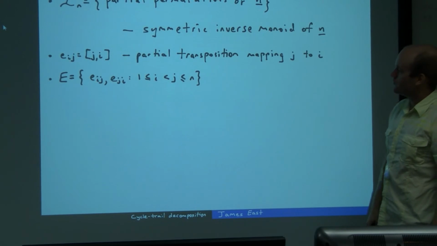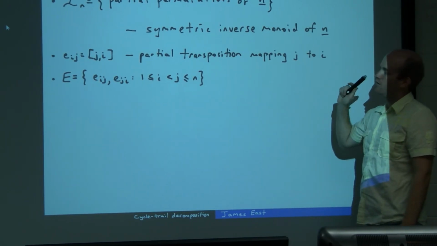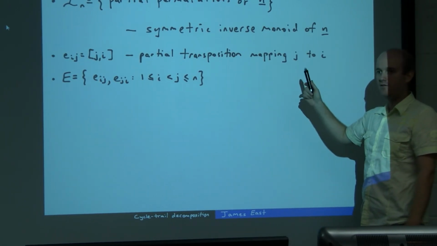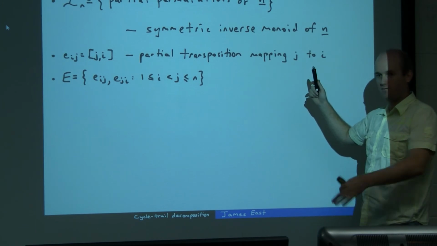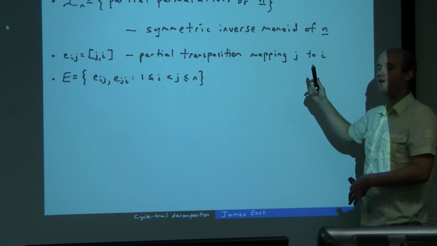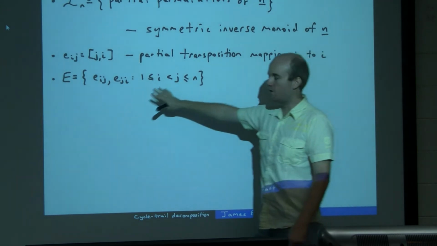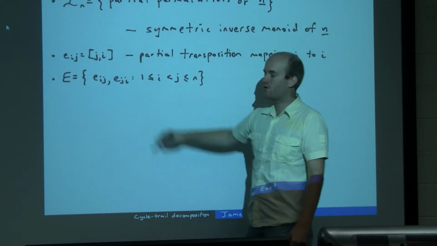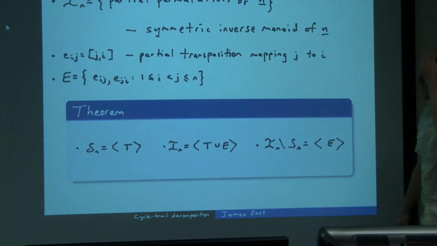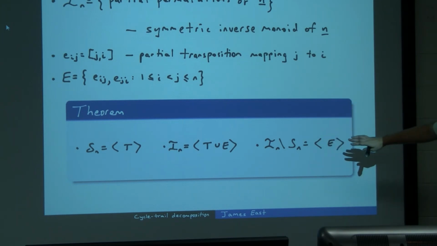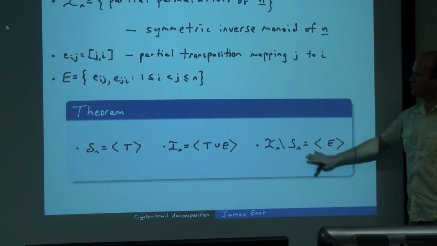I've tried to convince you that any partial permutation that has a trail in its decomposition is actually a product of just these guys. So we don't have to use any transpositions if we don't want to. And that's sort of summarized in the last point of this theorem here.